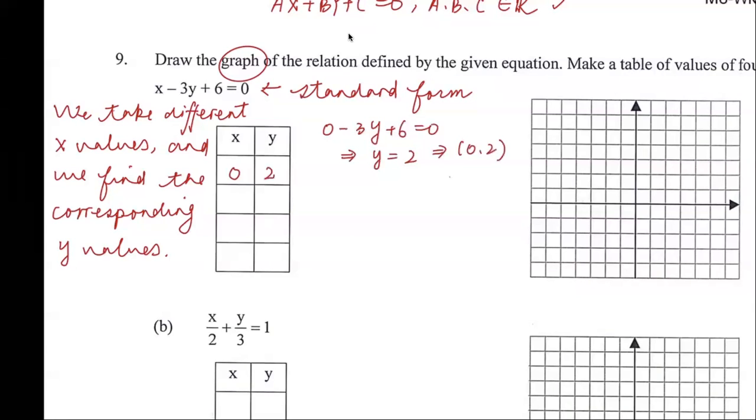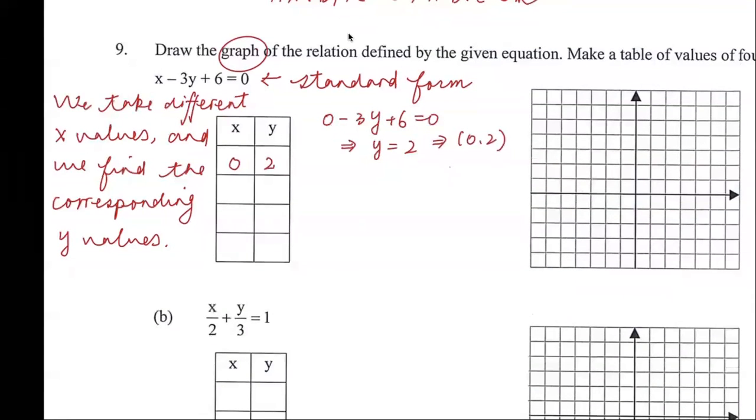0, 2. If I let x be, let's say, 3, then the equation becomes 3 minus 3y plus 6 is equal to 0. If you solve this equation, 3 plus 6, that's 9, right? If we move minus 3y to the right side of the equation, that'll be plus 3y.